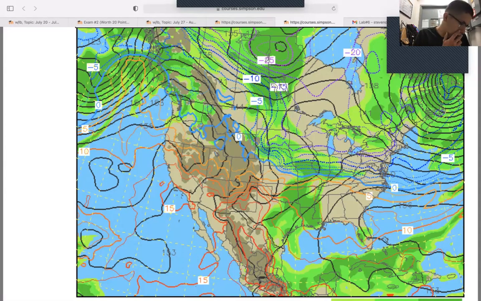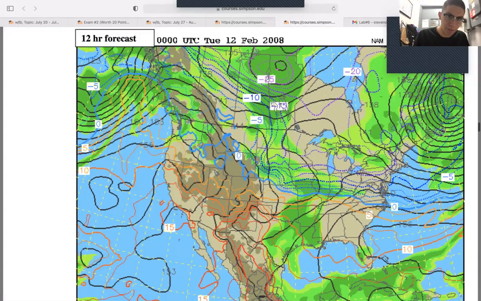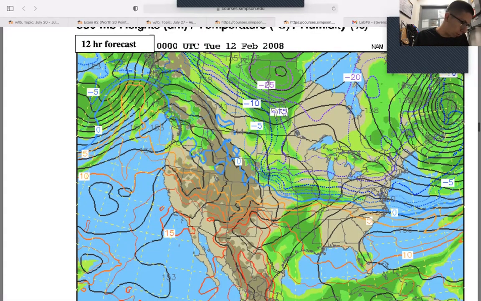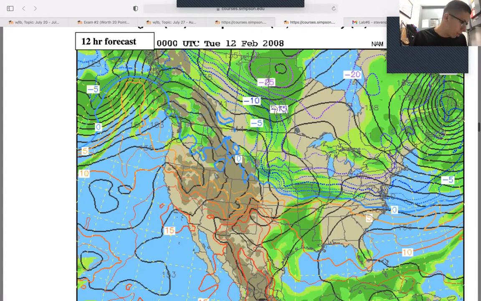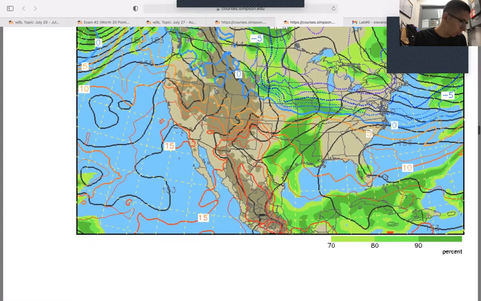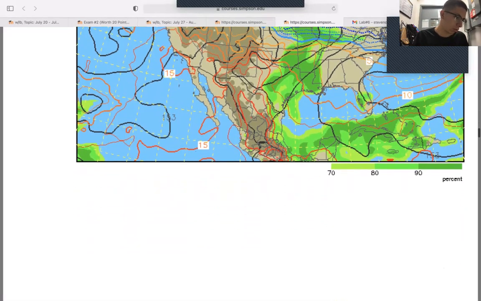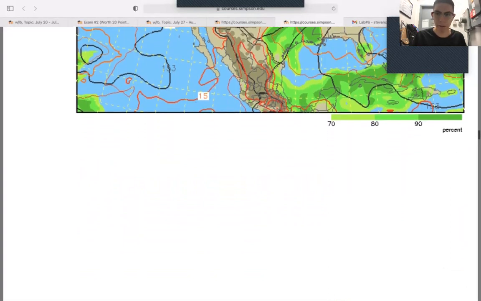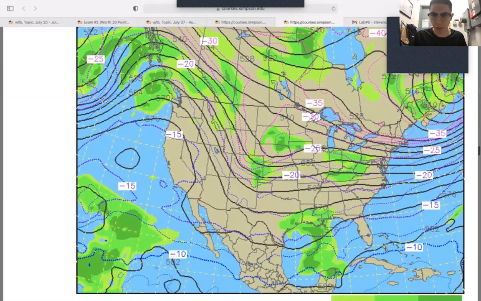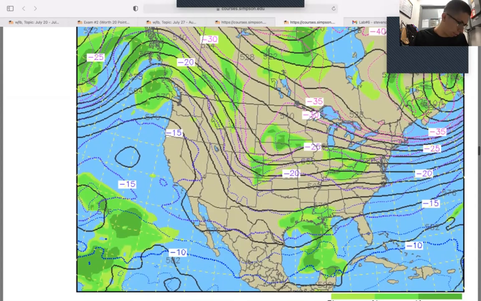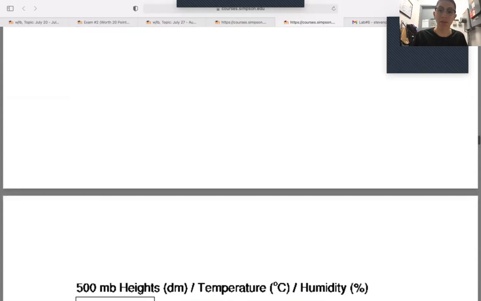It looks like the isotherm on top of Omaha at 850 millibars, I put down as negative 12.5. Okay, looks about right. Then we put that in the table. So negative 12.5 for 850, and then we go to 500 millibars.